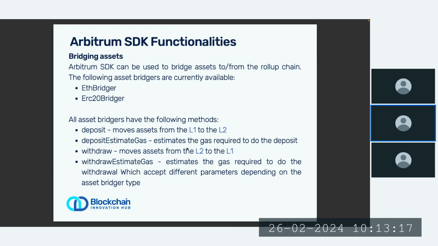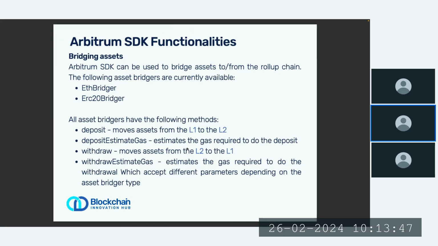When we talk about a bridge in the blockchain sense, we're talking about moving assets from one chain to another. Some of us are used to moving and transferring crypto, and at some point you may reach a level where you have to bridge your assets.